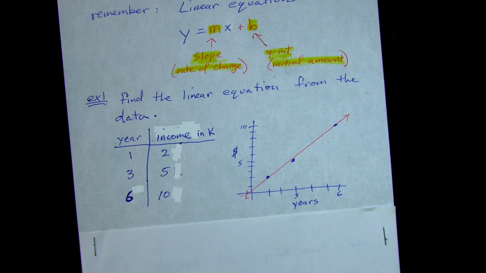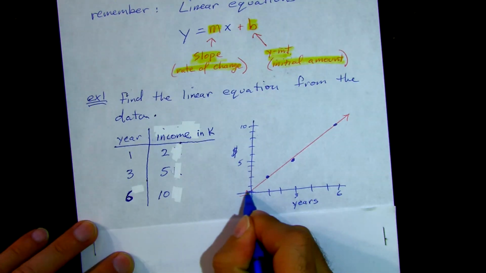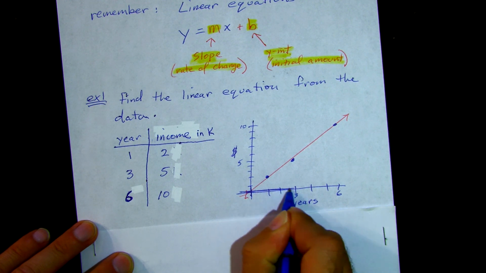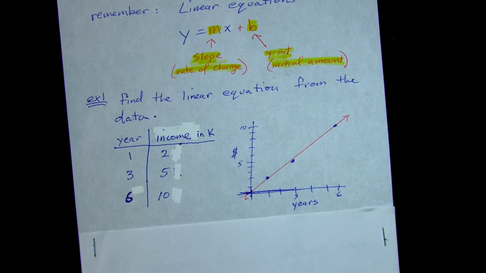I mean, that's a pretty good best fit line, right? Okay. And because these units are kind of messed up, I'm going to even say that it goes through the origin. It goes through the origin. So if you didn't make that perfectly go through the origin, don't worry about it. It makes more sense if it actually goes through the origin.